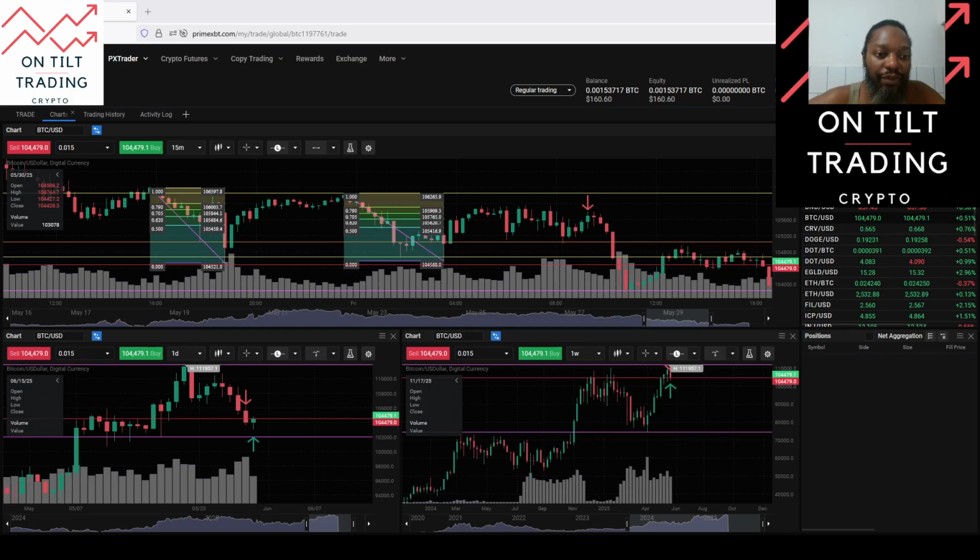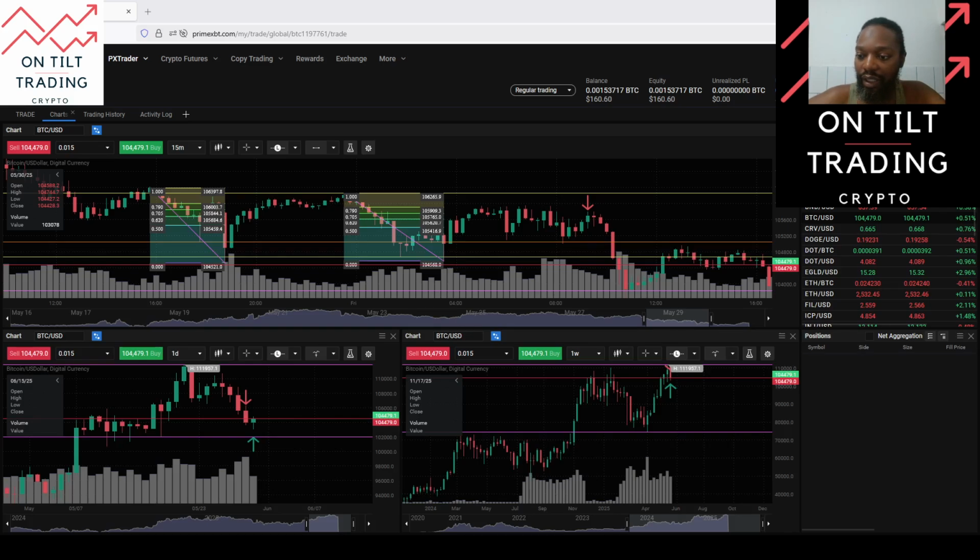But after this happens, we get a pullback, and then we get another sell-off and closure of candles through the level, and then we get the same thing here. We get more candles closing below Thursday's close here on the 15-minute.